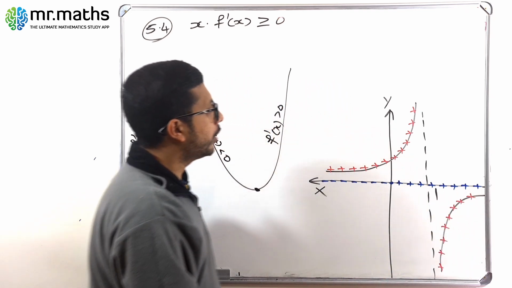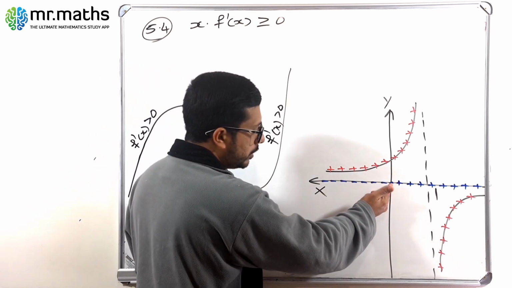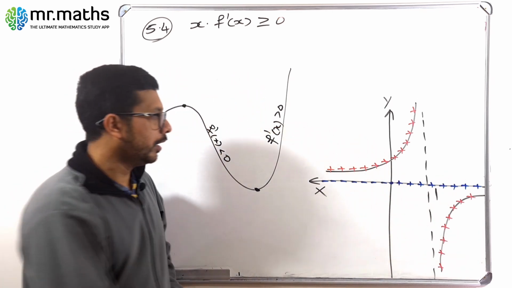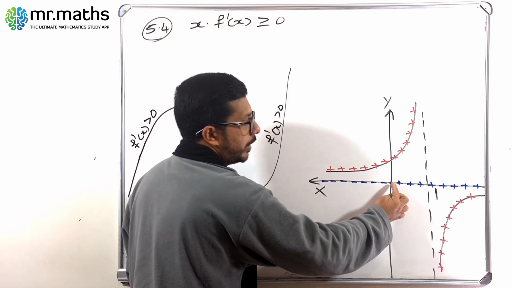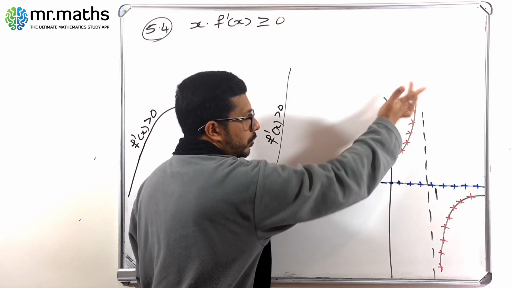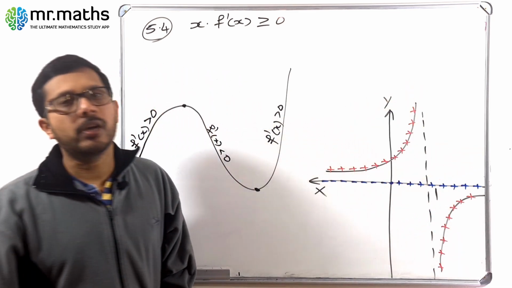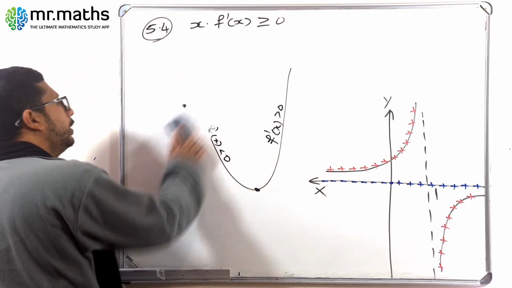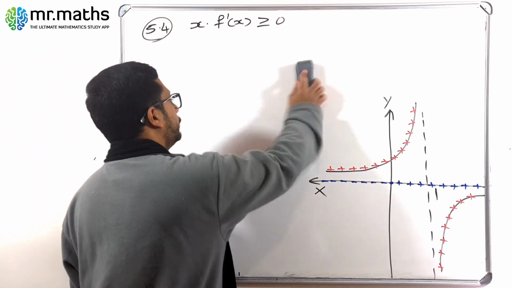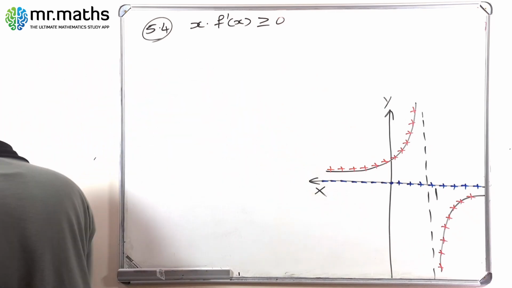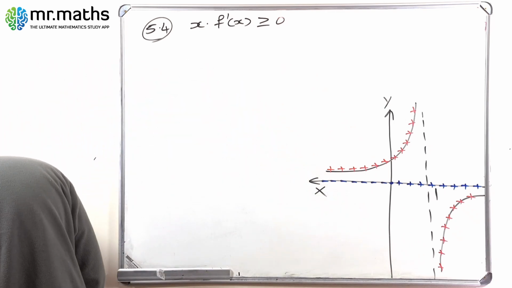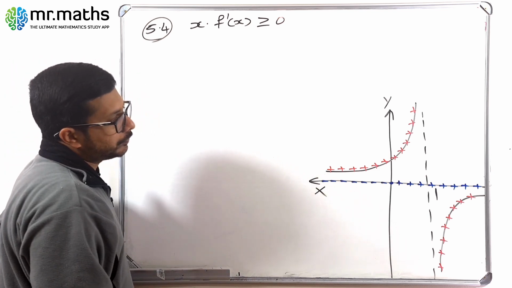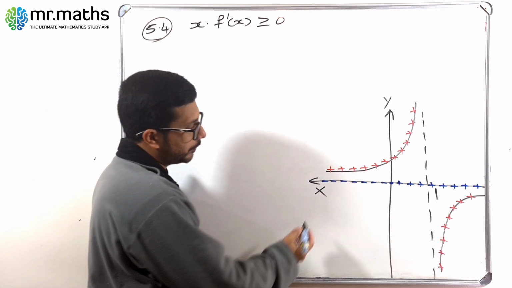Now look at this one. This side is negative and this side is positive, x value negative, x value positive. Here positive, positive. Now we have to think about the multiplication. Look at this one, guys.